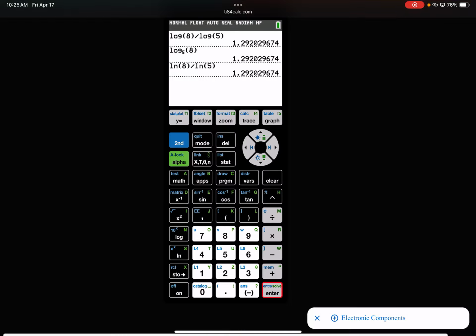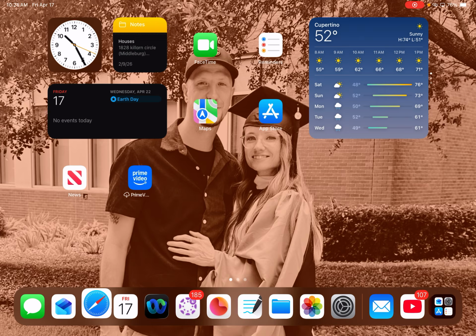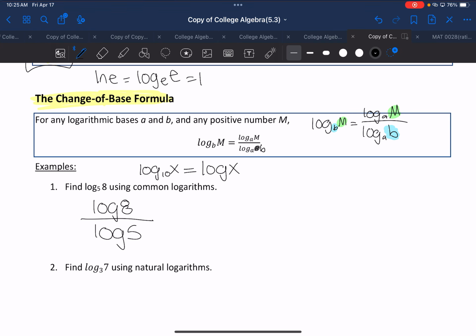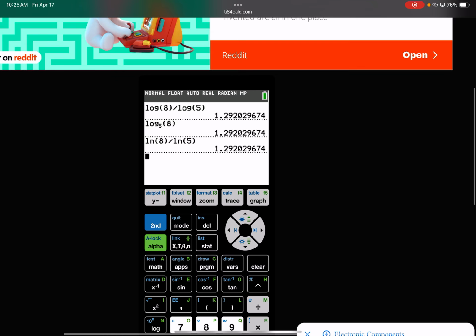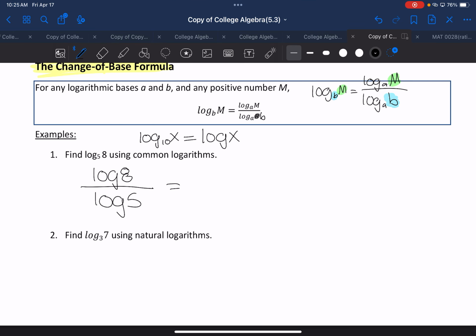Make sure you close your parentheses though. I'll round it to 1.292.